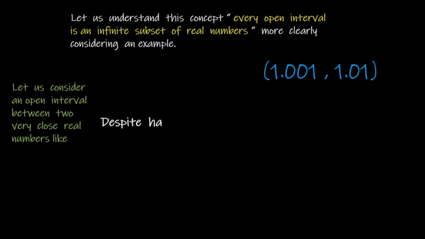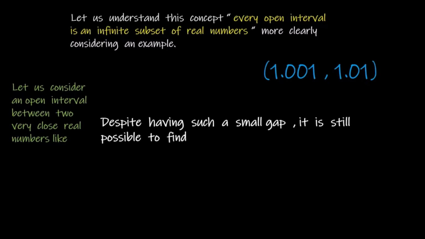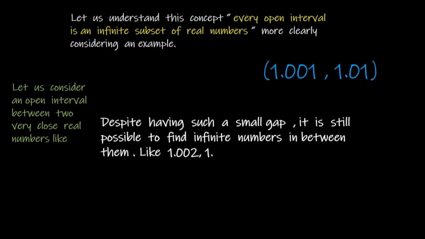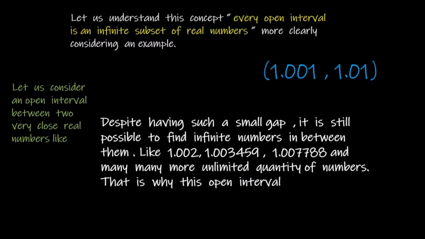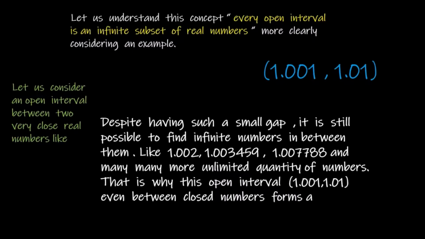Despite such a small gap, it is still possible to find infinite numbers in between them, like 1.002, 1.003, 1.004, 1.005, 1.009, 1.007, 1.008, and many more unlimited quantities of numbers. That is why this open interval, even between two close numbers, forms an infinite set.